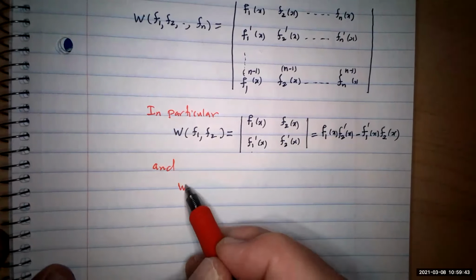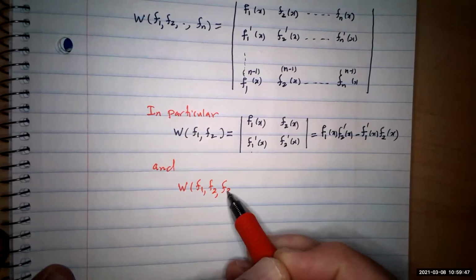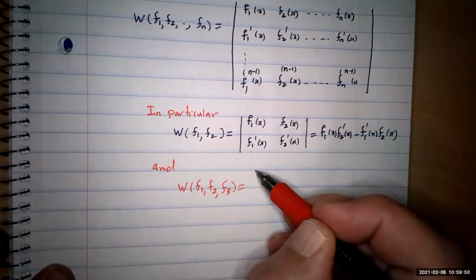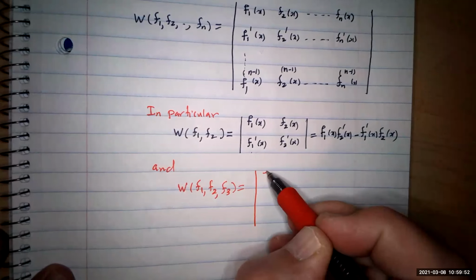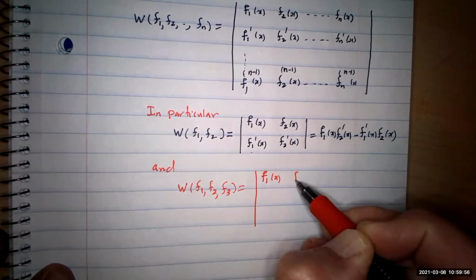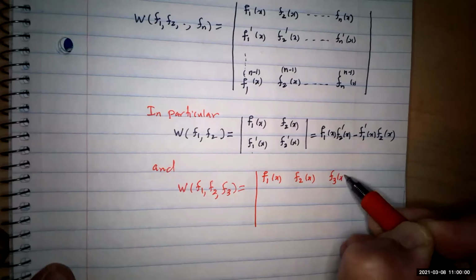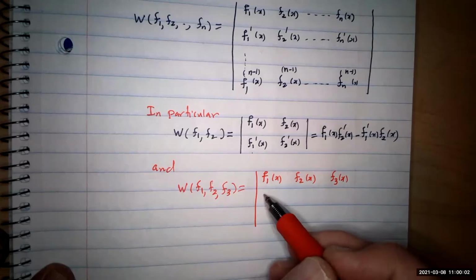If you have the Wronskian of f1, f2, and f3, this is going to be the determinant of this matrix that we're going to use for the problems that we're going to give you. So we have three functions.